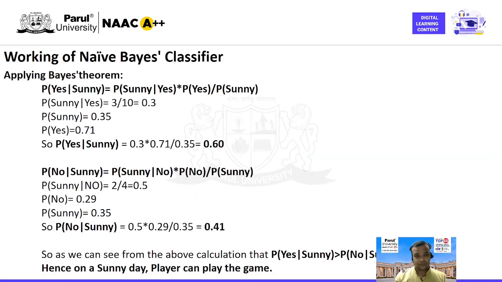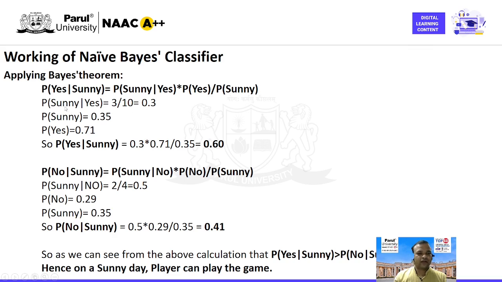Okay, so similarly, again, apply this value. Put this value in this given formula, and you will get the answer for probability of yes over sunny.